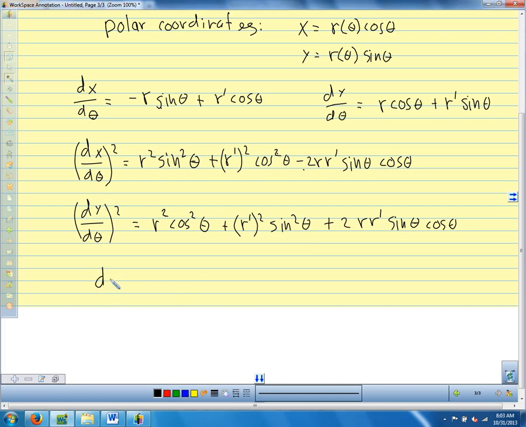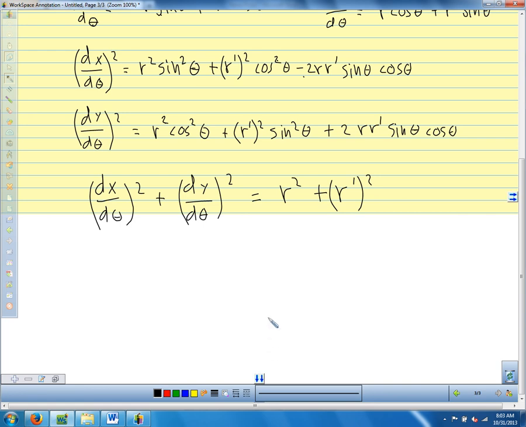So what am I left with? I just get r squared plus r prime squared. Oh, hey, that's nice. So we don't even end up with any sines and cosines.